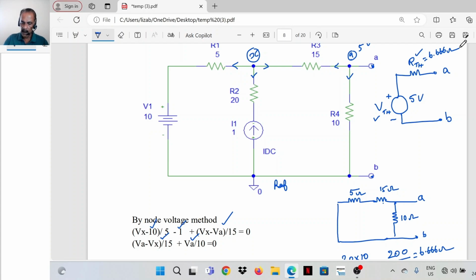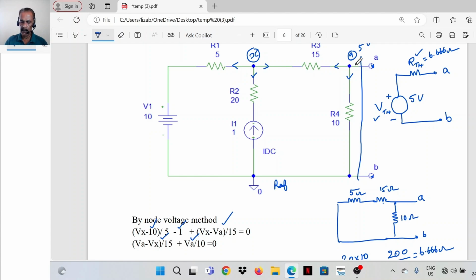So the network to the left of points A and B, we have replaced with a single voltage source with a series resistance. And the magnitude of the voltage source is the open circuit voltage between A and B. The open circuit means without any resistor elements connected between A and B. That is the open circuit voltage.